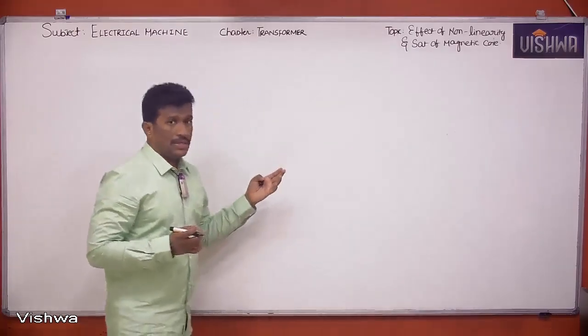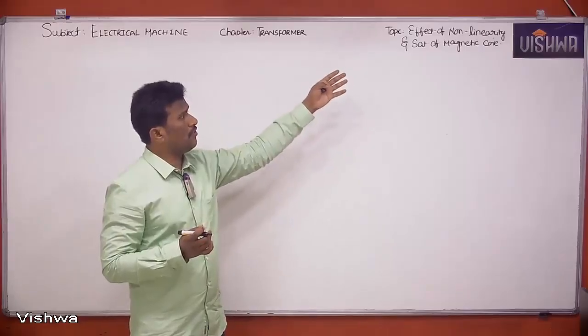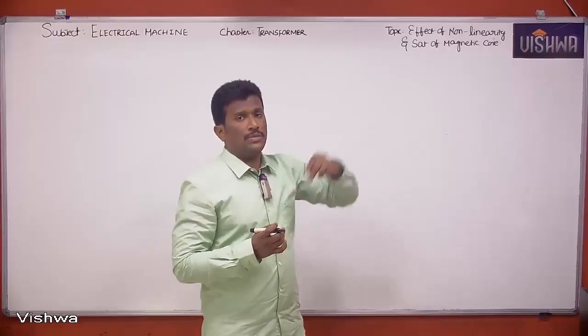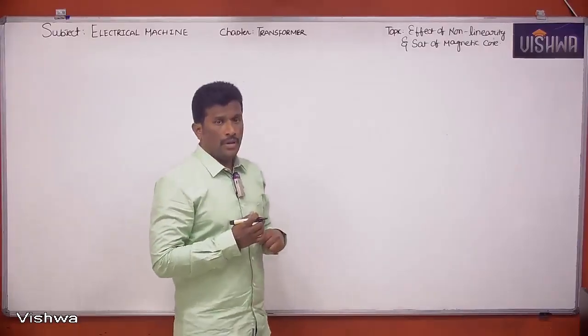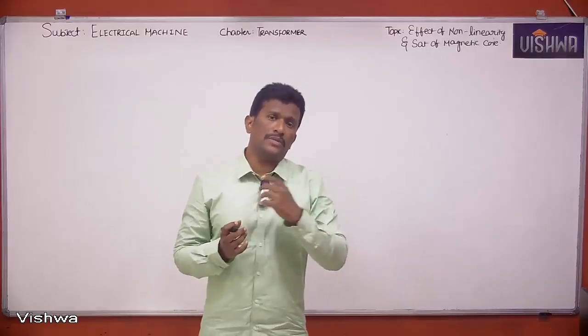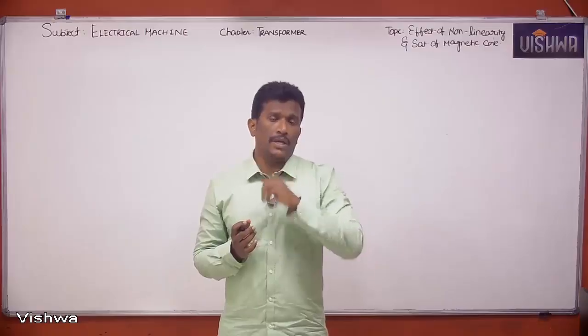In the last session, we started the effect of non-linearity and saturation of magnetic core on the operation of transformer. There we concluded that for having sinusoidal flux and EMF waveforms, the shape of I mu should be peaky.